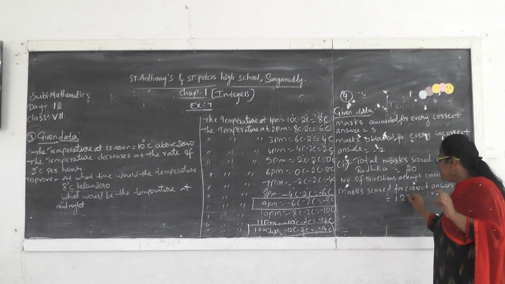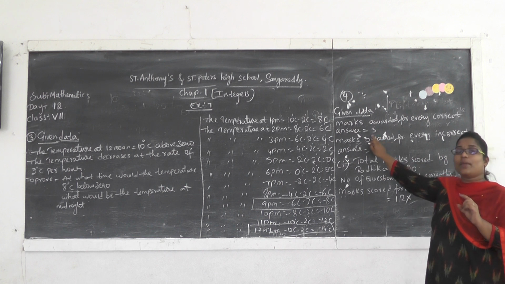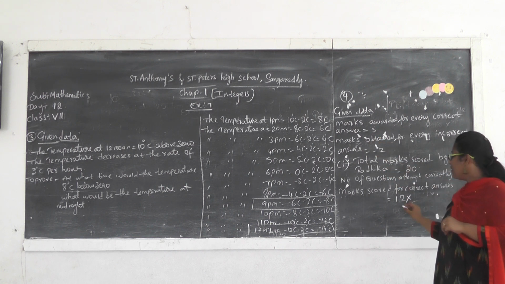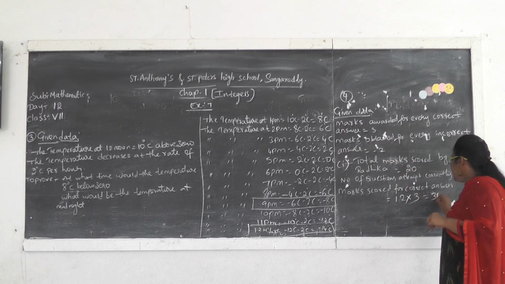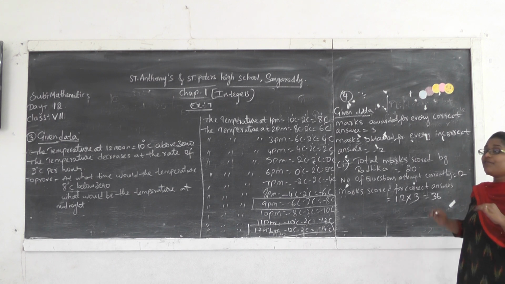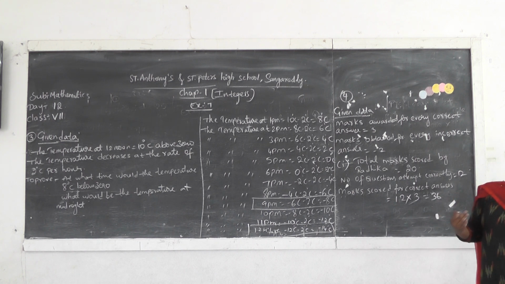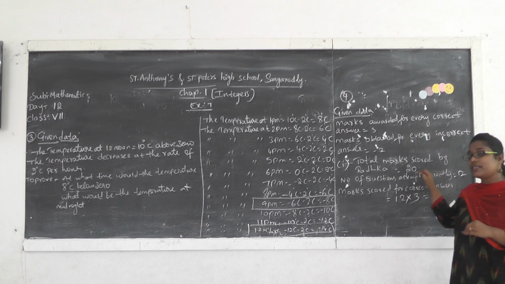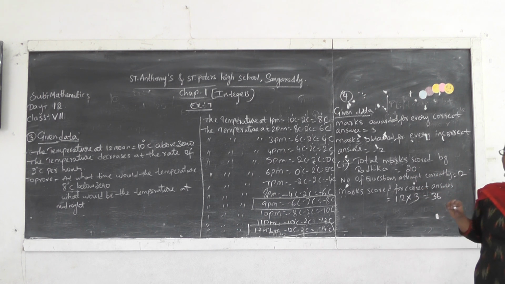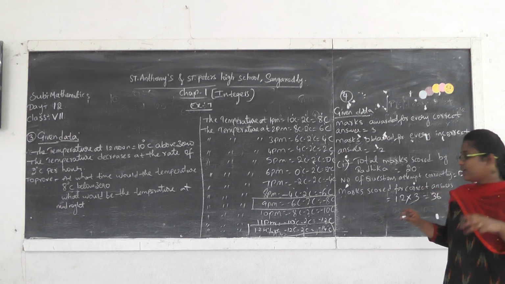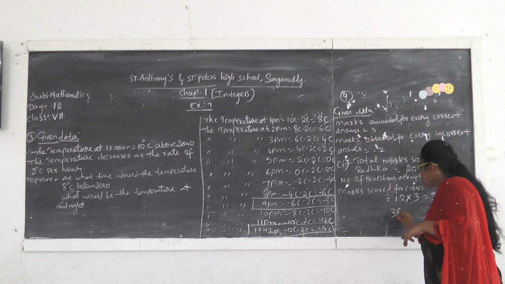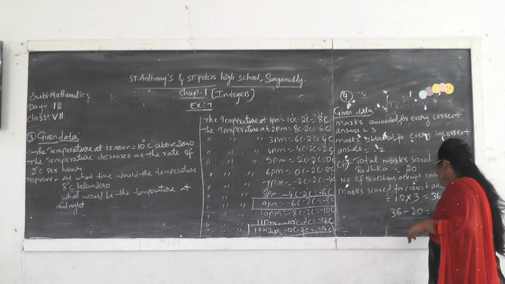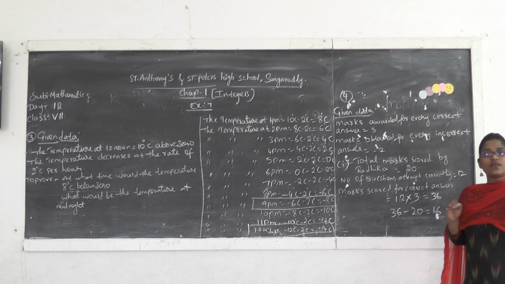Yes, 12 into, for each question how many marks? 3 marks. 12 threes are 36 marks. Actually for correct answers she should get 36 marks, but her score is 20 only. Means how many marks were reduced? 36 minus the total score, if you subtract, you will get 16 marks reduced.